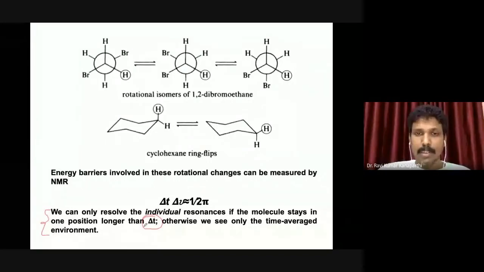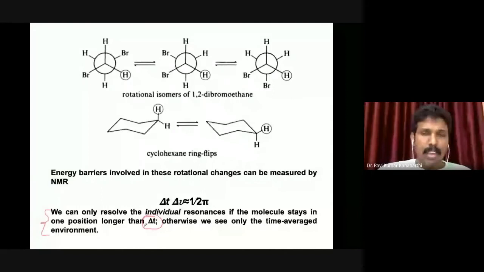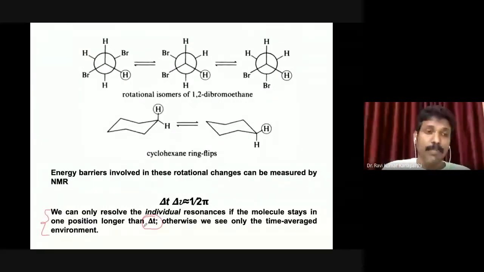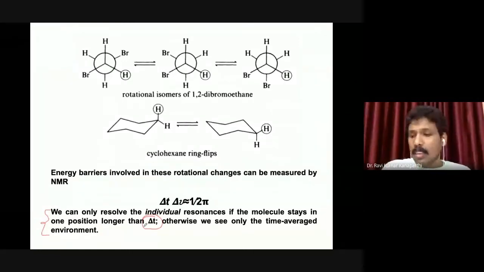If the conformer changes very rapidly from one to the other, in a time shorter than the detection time of the NMR spectrometer, it is difficult to find the fine details. The protons do not give different peaks; they give only an average, so only one NMR signal is observed.